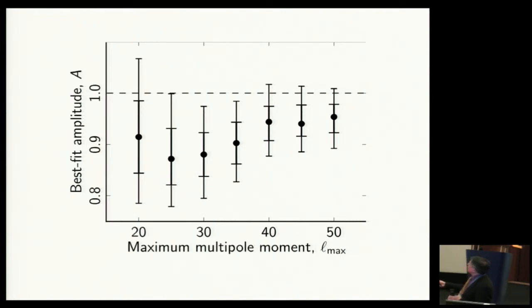Okay, so if everything was fine, this would be sitting at unity. The most discrepant point is here, at multipoles of 30. That's a 2.7 sigma discrepancy taken at face value. But of course, there's an a posteriori element in designing a statistic like this.